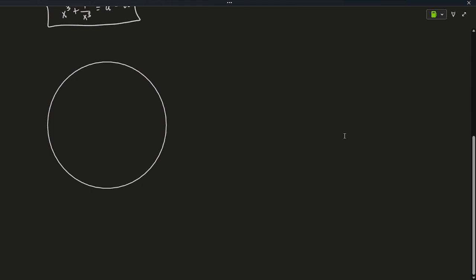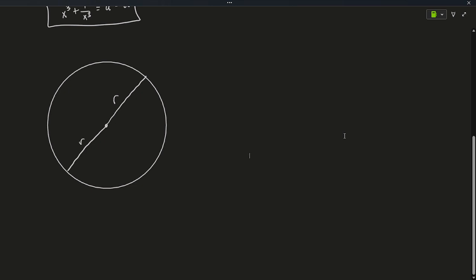Obviously, we know what the radius is. It's the distance from the center to any point on the circle. You also know what the diameter is. It's twice the radius. It's a line that connects a point on a circle and the point right opposite of it.